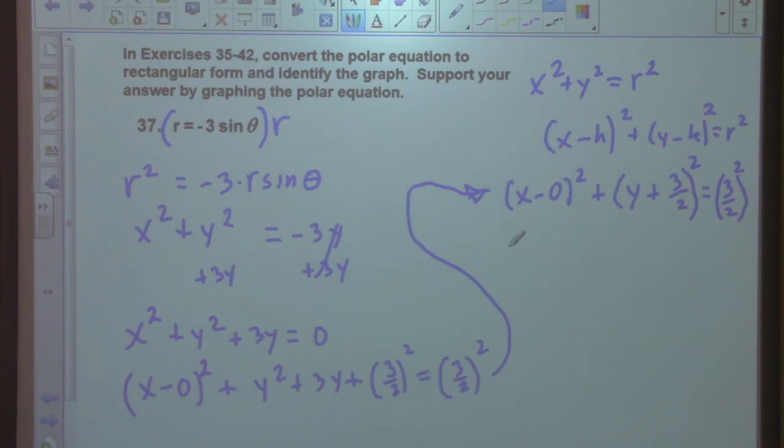And so what we have here is a circle with center at the point x equals 0, comma, negative 3/2, with radius of what?